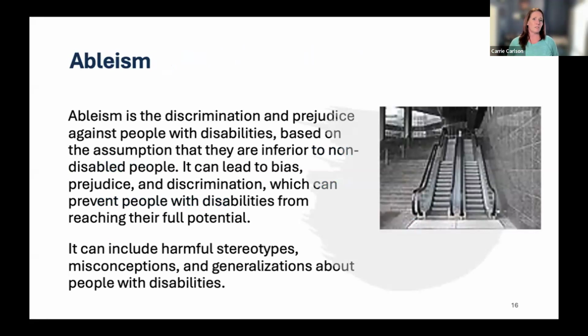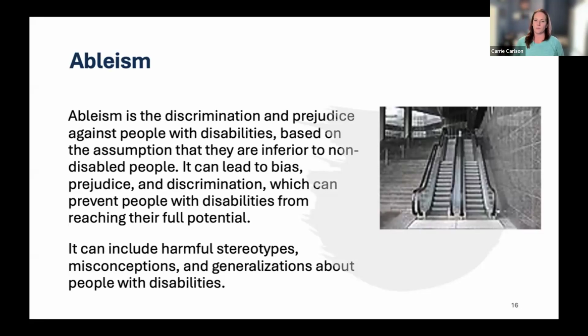But ableism is discrimination and prejudice against people with disabilities based on the assumption that they're inferior to non-disabled people. It can lead to biases, prejudice, and discrimination, which can prevent people with disabilities from reaching their full potential. It can include harmful stereotypes. It can also include misconceptions and generalizations about people with disabilities.